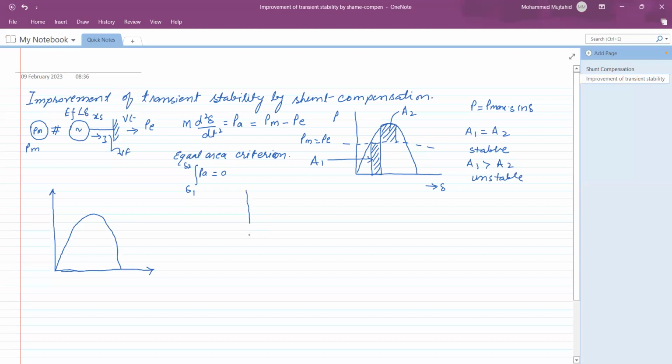There are two systems here. Angle delta, power P, and here this is the curve for the compensated line.